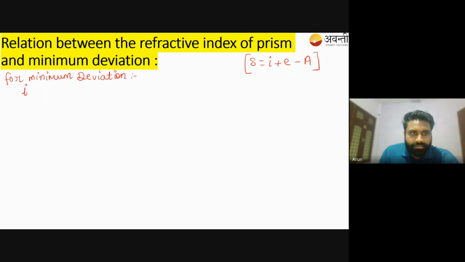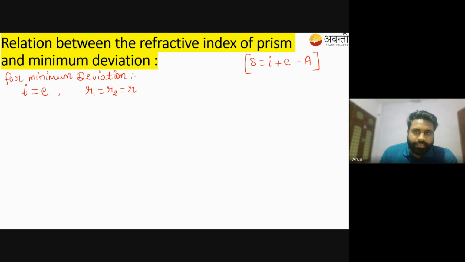The incident angle I is equal to the emergent angle E. If I is equal to E, then R1 is equal to R2 and is equal to R. Got it? These are the two conditions for minimum deviation.